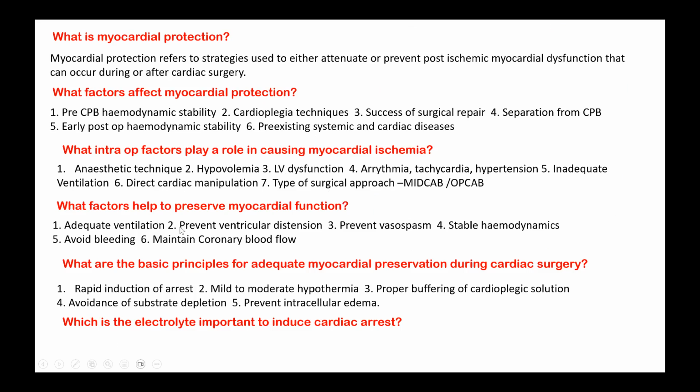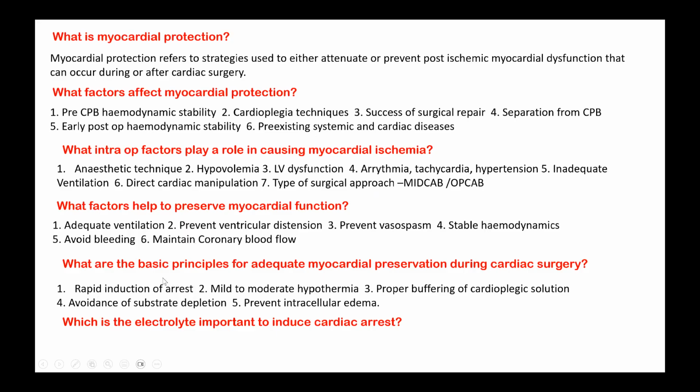Now, what factors will help to preserve the myocardial function? You should have first a good ventilation, prevent ventricular dysfunction, prevent vasospasm, produce stable hemodynamics throughout, avoid bleeding, maintain coronary blood flow. If all these things are taken care of, you can avoid them.